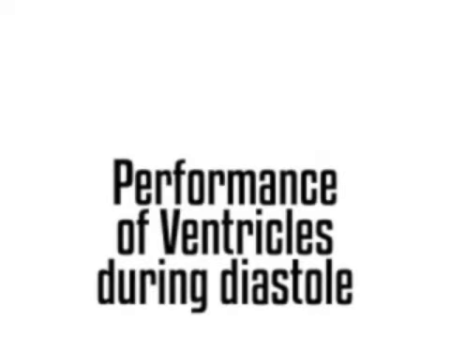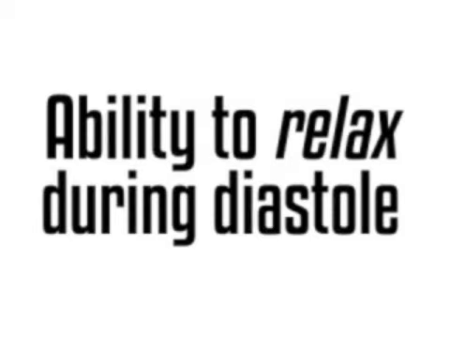Thank you. Over 10 minutes in, we finally defined diastolic heart function. So what is it? It's the performance of the ventricles during diastole. That's what diastolic heart function is. More specifically, it's the ability to relax during diastole and the ability to comply or accept a volume of blood in diastole. Now, what else did we learn in the last few minutes?